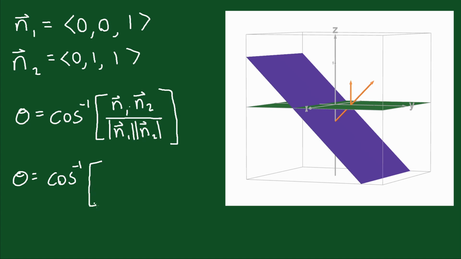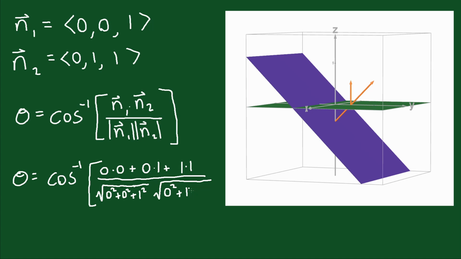Now the dot product between these two vectors will be 0 times 0 plus 0 times 1 plus 1 times 1, okay? The magnitudes of the vectors will be the square root of 0 squared plus 0 squared plus 1 squared multiplied by the square root of 0 squared plus 1 squared plus 1 squared.